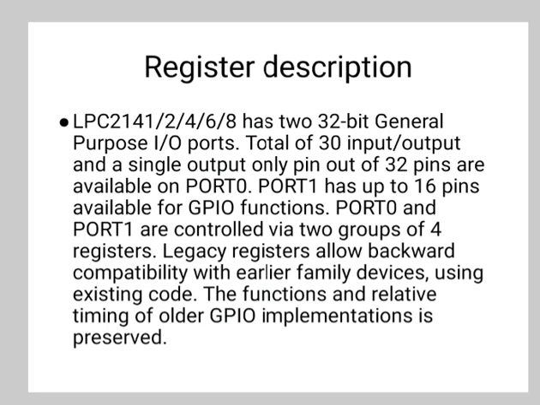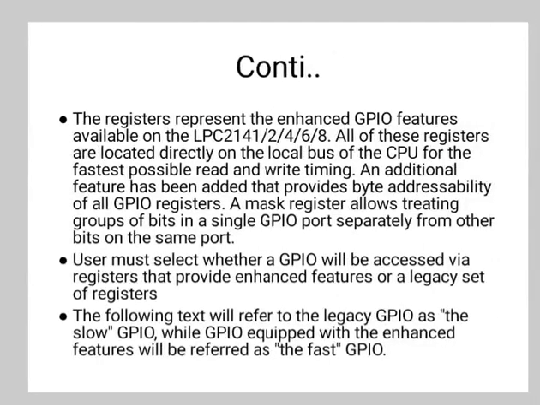Port 1 has up to 16 pins available for GPIO functions. Port 0 and port 1 are controlled via two groups of 4 registers. The legacy registers allow backward compatibility with earlier family devices using existing code. The functions and relative timing of the older GPIO implementation are preserved.